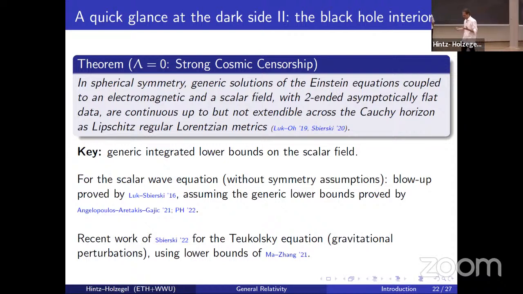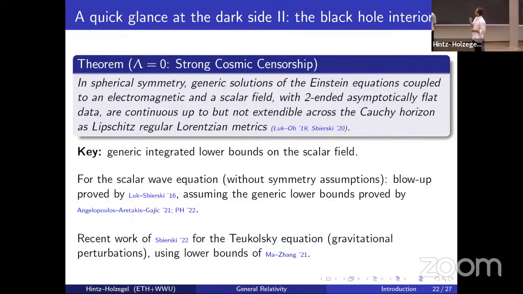Now, that's good. That's a stability statement. But according to the strong cosmic censorship, you would like the maximal development to be generically inextendable. So you would hope that if you ask for more regularity, then you can't extend. And that's still open in general.